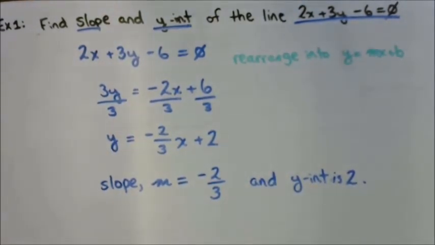That's all we needed to find, the slope and the y-intercept. We did so by first converting our equation into slope y-intercept form, and then just identifying m and b as our slope and our y-intercept.